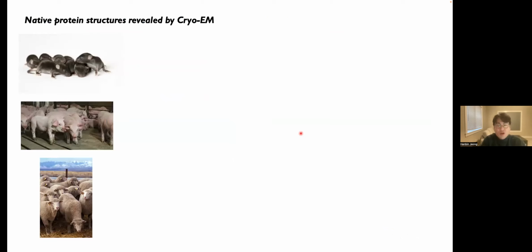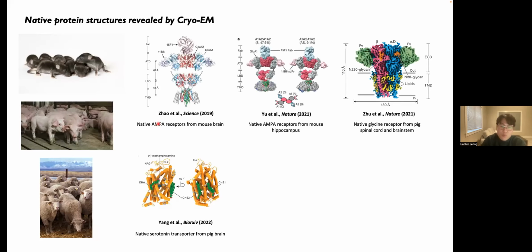So we tried an alternate way, which was to isolate the native protein from an animal source. We used to isolate specific proteins from animals using high-affinity antibodies, and those techniques are one of the strengths of the Gouaux lab.